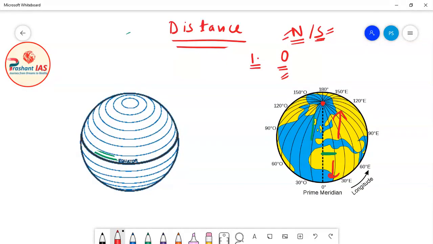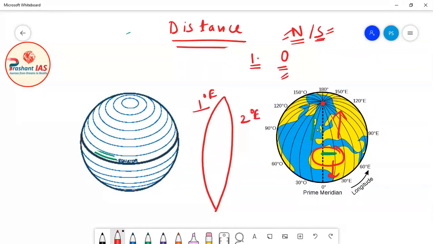But it is maximum at the equator. Let's suppose this is 1 degree east meridian of longitude and this is 2 degree east meridian of longitude. We know the distance between them will be 0 at the north pole and similarly 0 at the south pole. But what is the distance between them at the equator?